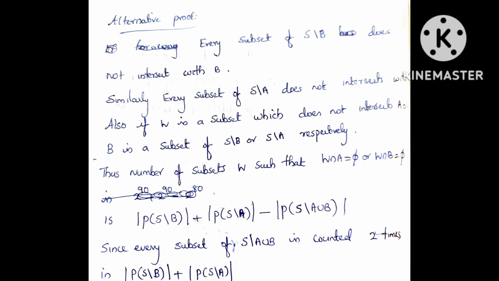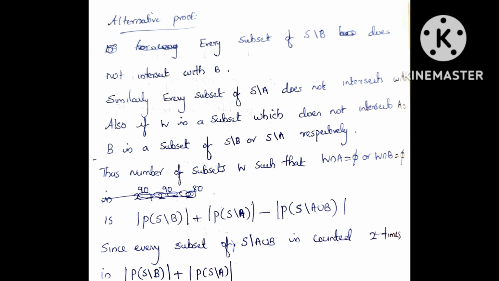We can also use an alternative way to solve this problem, so I will also describe that. To find the subsets of S which intersect both A and B, it is enough to find those subsets of S which have an empty intersection with A or B. Then just subtract it from 2 raised to 100, and we will get the result.